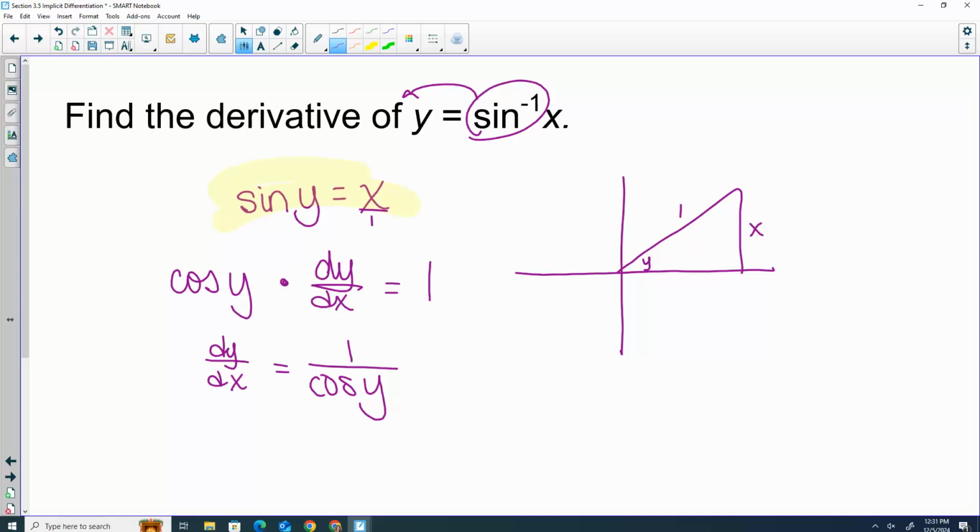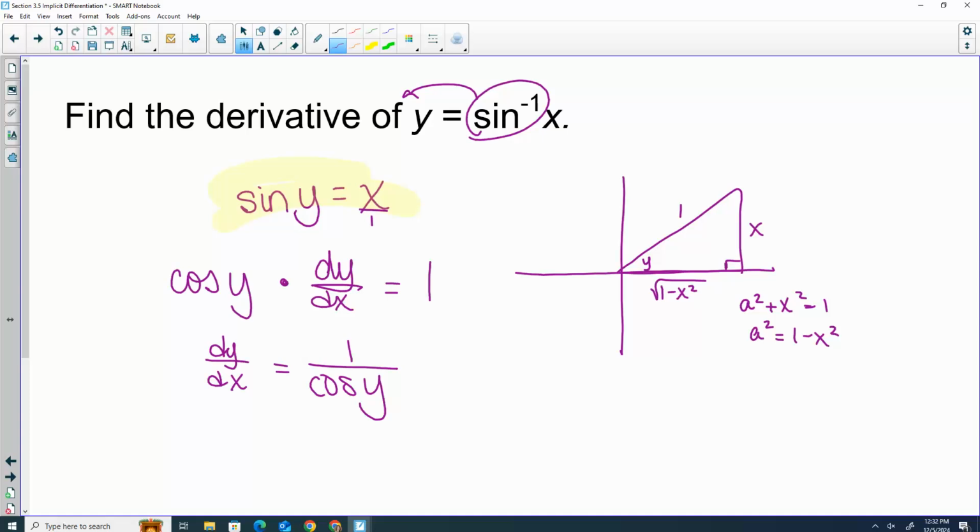So if I wanted to find the third side in that triangle, what would we do? Pythagoras. We're dealing with the first quadrant, so this would be positive, so a is just the square root of 1 minus x squared.